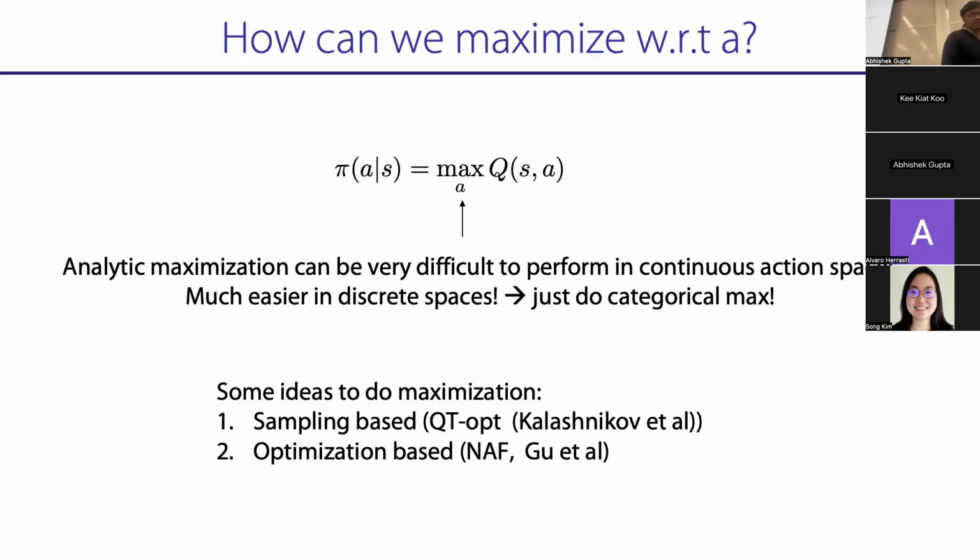If you can structure the Q function as a quadratic in terms of action, they write Q of S, A equal to V of S plus a quadratic in terms of A. So the Q function is still non-quadratic in terms of S, but it's quadratic in terms of A. And if it's quadratic in terms of A, then you have an analytical max.